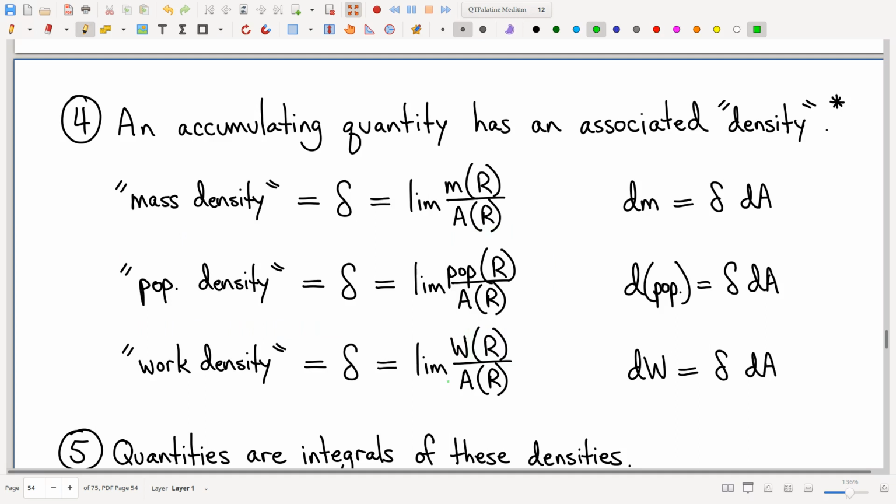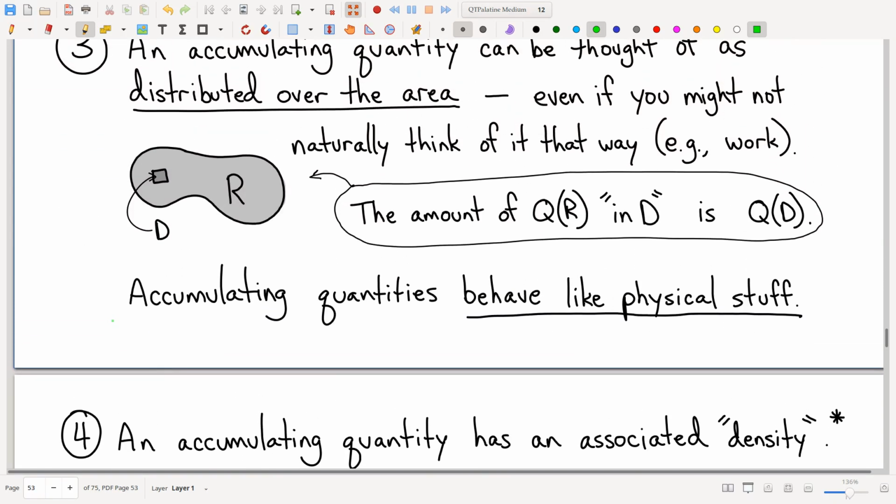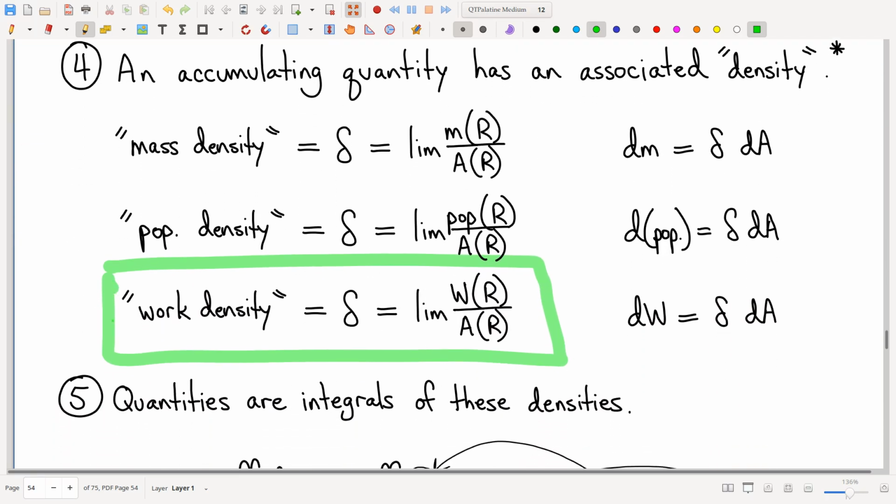And again, here's where it gets a little weird. I'm going to talk about work density. Going back to my cleaning the swimming pool analogy. And what do I mean by work density? Well, work is an accumulating quantity. That means I can view it as making sense.